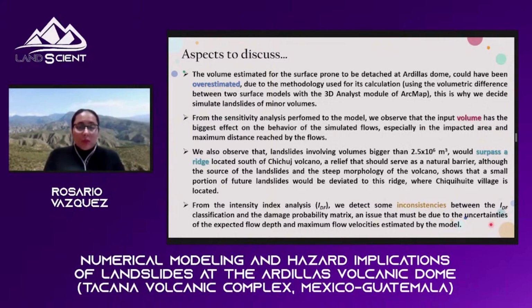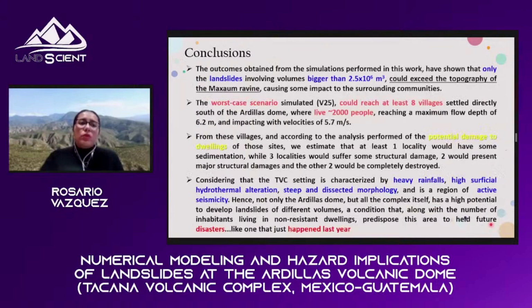And as I just explained to you, this could be due to the uncertainties associated with the estimation of especially the velocity. It could also be due to the estimation of the expected flow depth, but mostly because of the maximum flow velocity estimated by the model, in those sites where the villages that could be impacted by the landslide are located.